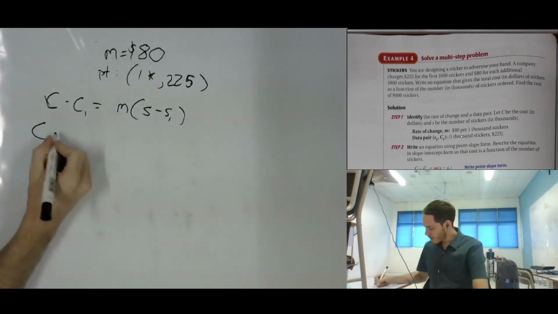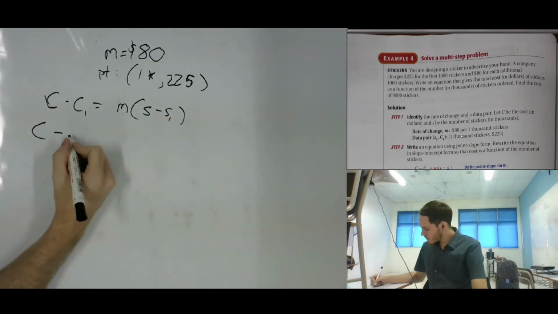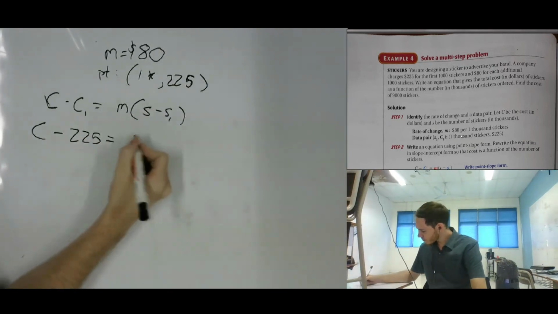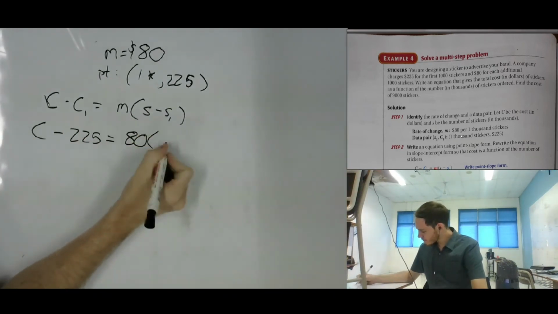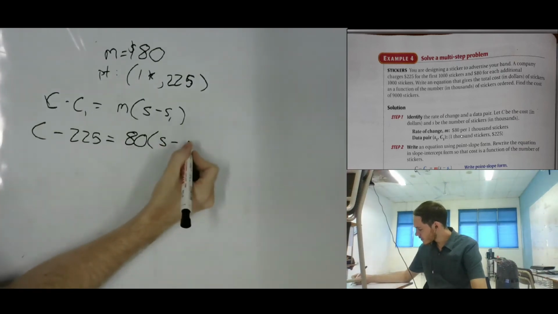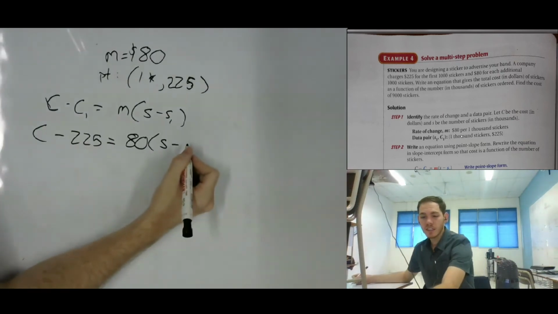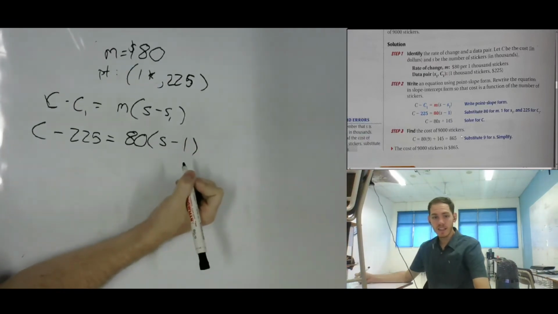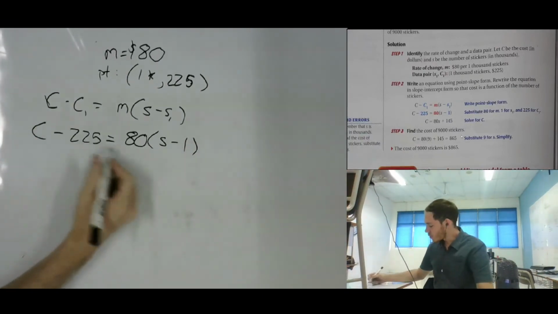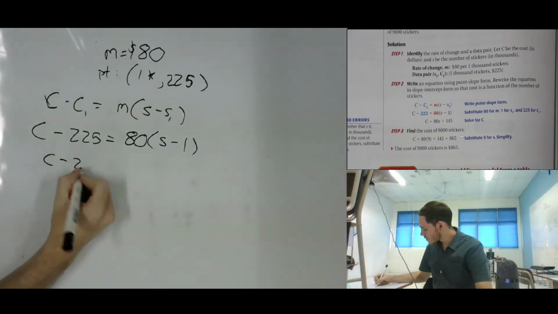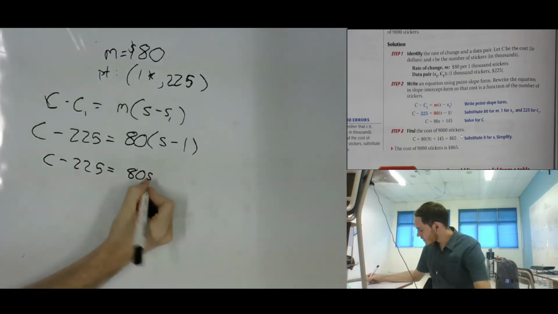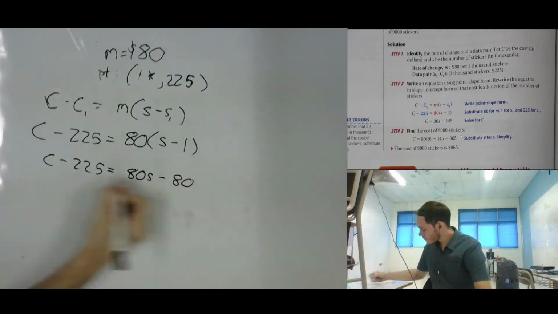Okay, so C minus cost 1, which is $225, equals 80. S minus, and do they just put 1? Yeah, they just put 1. Okay, and then they ask us, so we solve this out, we get C minus 225 equals 80S minus 80.